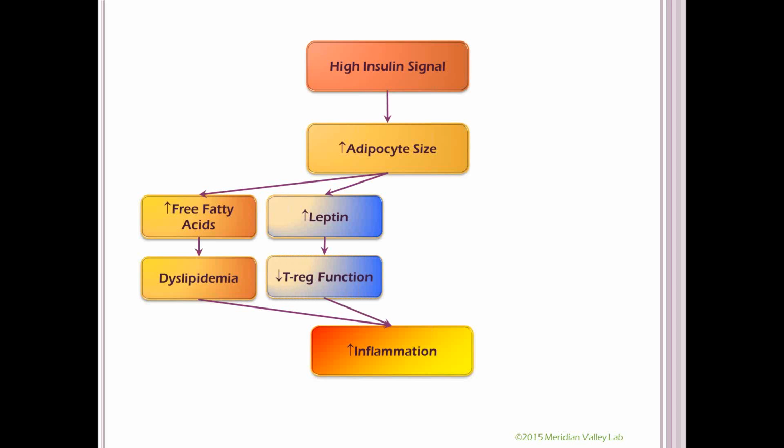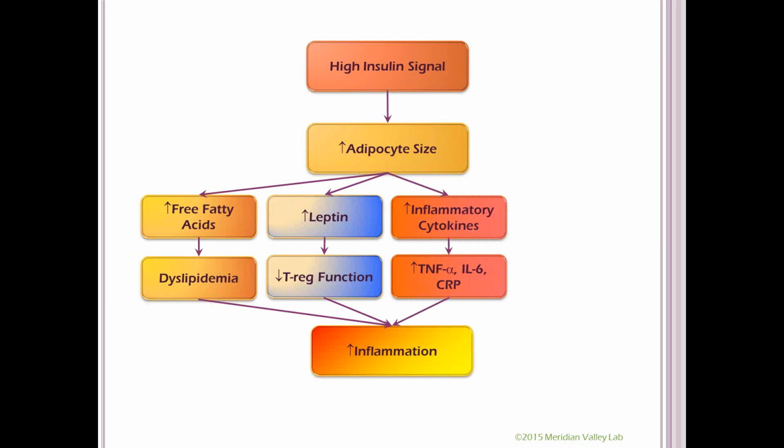One of the consequences that I didn't mention explicitly was a downregulation of T regulatory cell function, and that also can contribute to inflammation. There are other inflammatory cytokines, or adipokines, TNF-alpha, IL-6, CRP. Those directly promote inflammation.